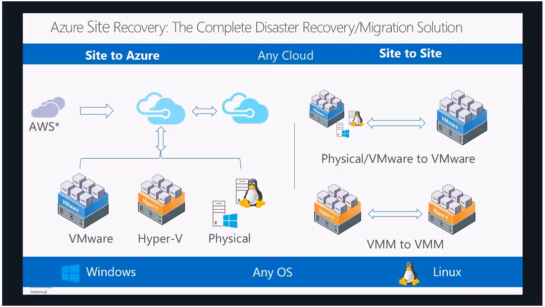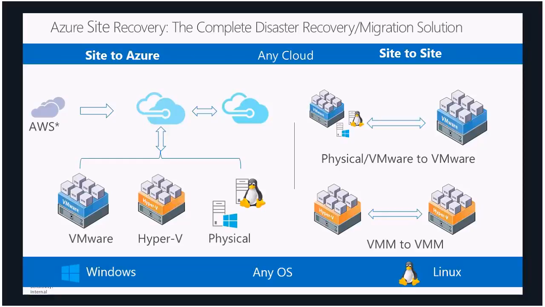So you can effectively protect and migrate your workloads that may be running in AWS into Azure. So if there's an outage in another cloud provider and your critical systems are running there, well, you can fail that over and have that running in Azure in a matter of minutes, and your business continues to operate as it needs to.